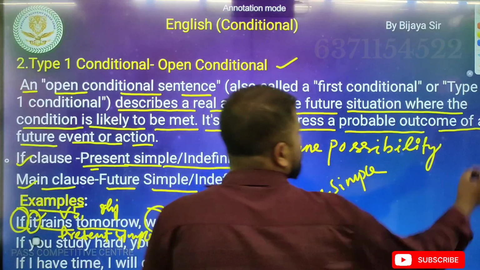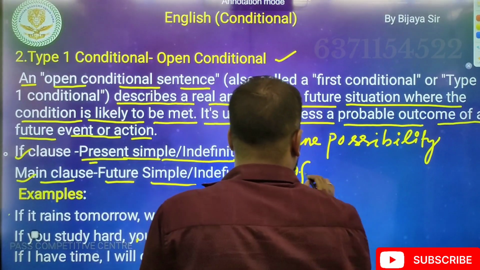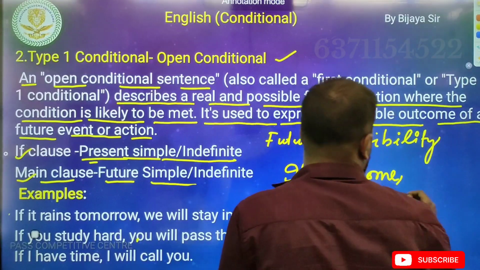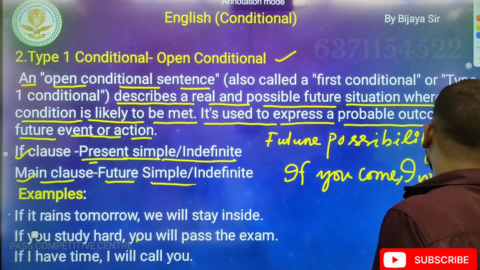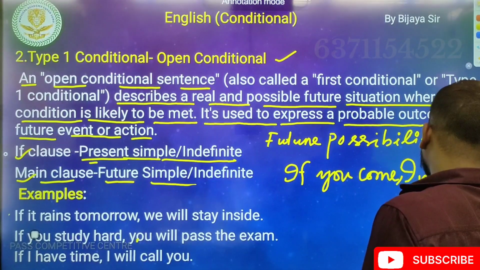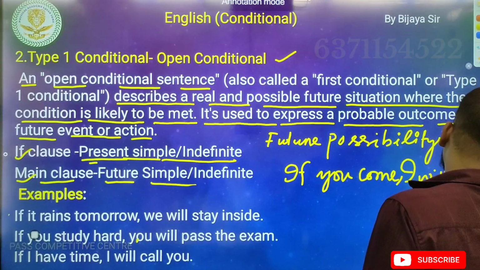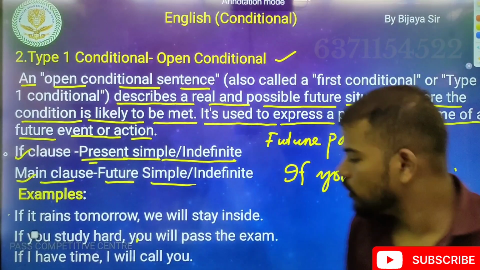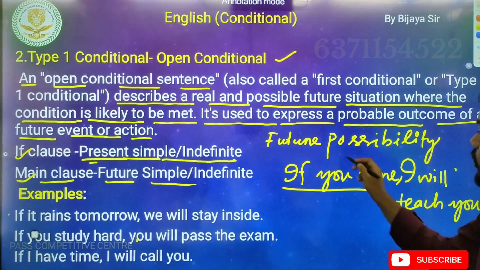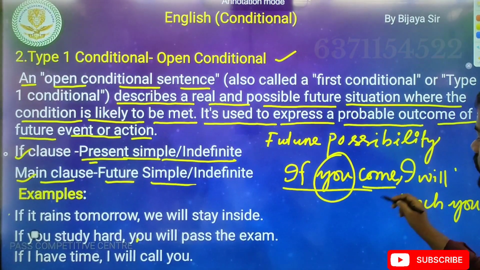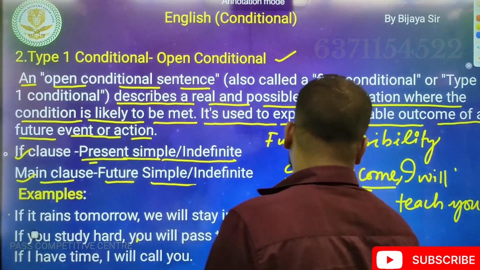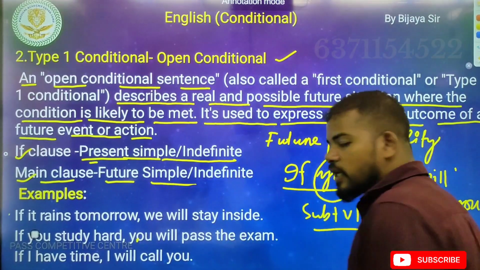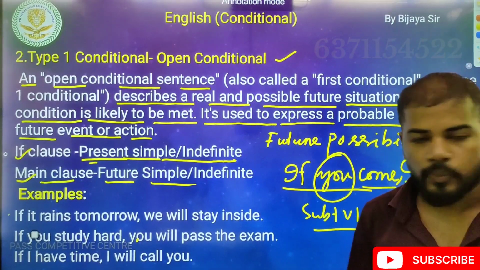Our next example: if you come, I will teach you. Look at the example, dear student. You is the subject, come is the verb first form. So subject plus V1 is known as present simple.